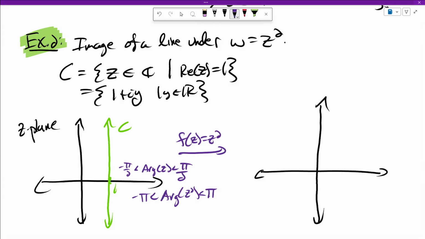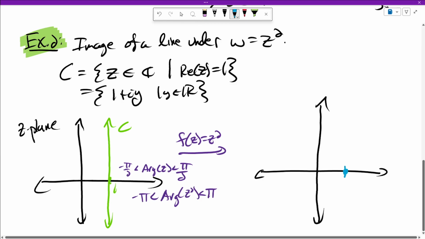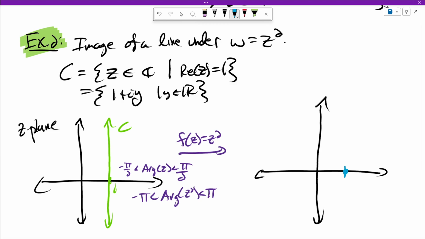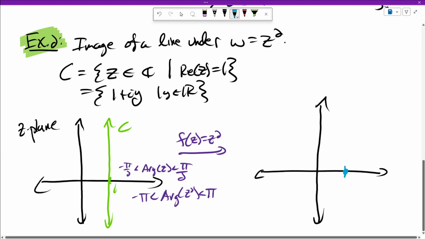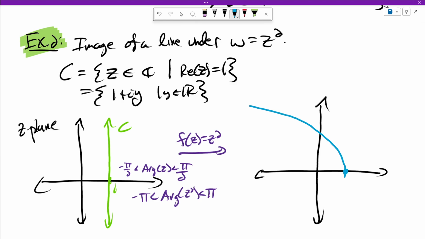So what's going to end up happening is on the w plane, let's use blue. On the w plane, 1 squared is going to be 1. That's fine. And then as we go upwards on C in the domain, our argument's going to get bigger, but we're going to start to curve because we have to get all angles from negative pi to pi.